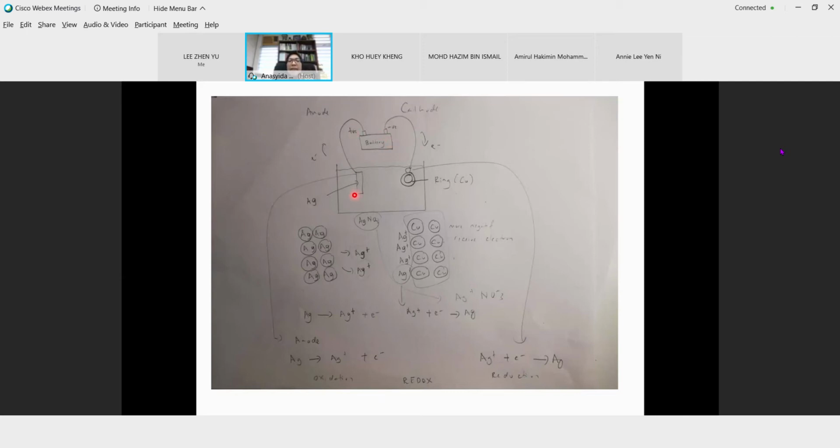They also force the silver plate to release electrons. So electrons akan move. So this atom now becomes Ag+. Atom ni akan jalan-jalan, dia akan bergerak ke dalam solution.